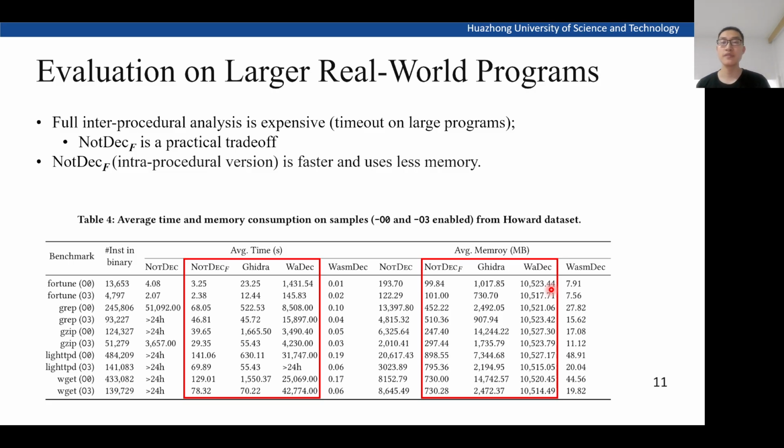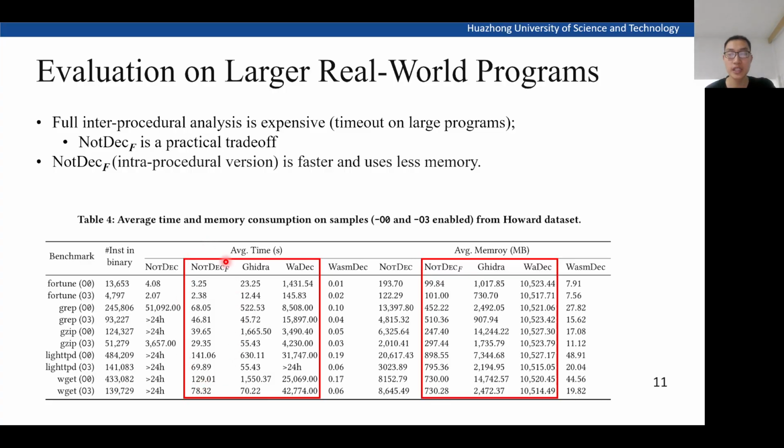We also perform evaluation on larger real-world programs. Initially, we found that our inter-procedural type recovery analysis is too expensive. As you can see here, it times out on many large programs after more than 24 hours.